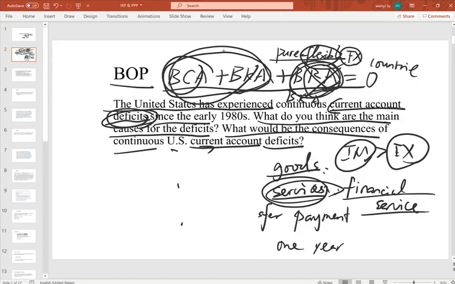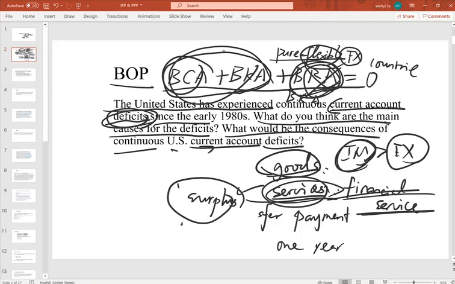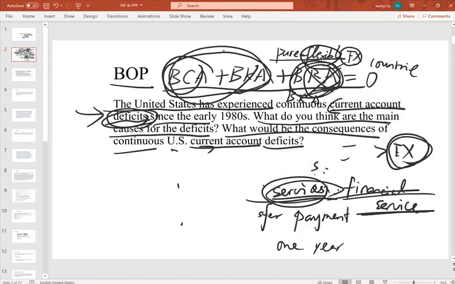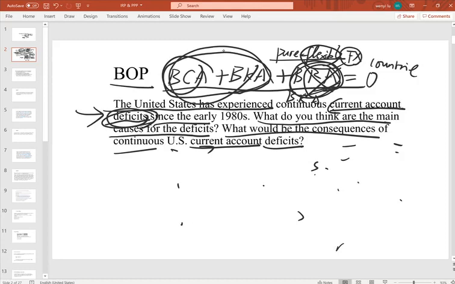Actually, our service account incurs a surplus, which means we export more services to foreign countries than we import from other countries. However, we import more consumer goods than we export to foreign countries. So that's the main reason we have the trade deficit, and also the reason we have current account deficits. If we continue to incur these deficits, what's the consequence?